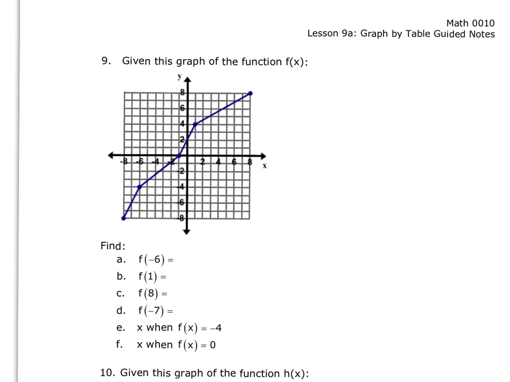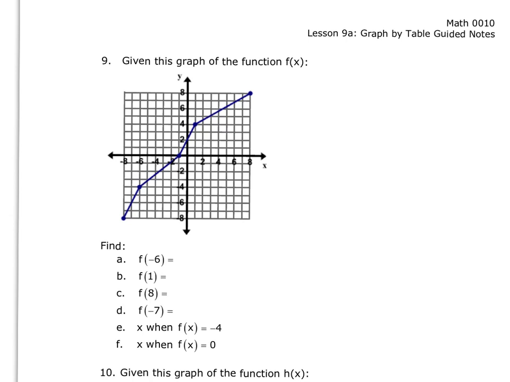Okay, so let's look now at how to interpret function notation when you look at a graph instead of a table. The process is going to be the same, just what we're looking at is going to be slightly different.